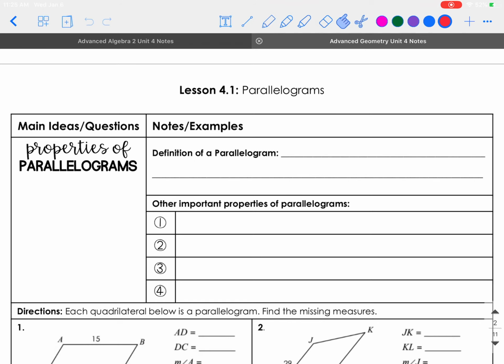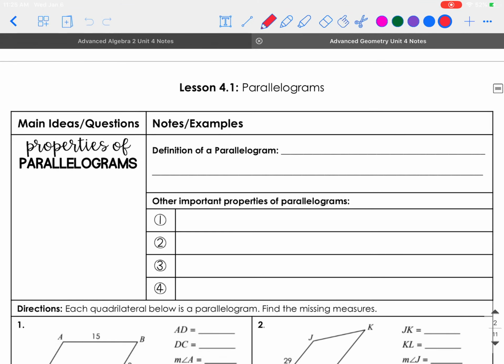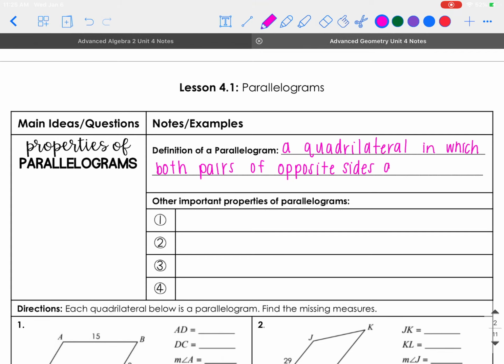A parallelogram is a quadrilateral in which both pairs of opposite sides are parallel.